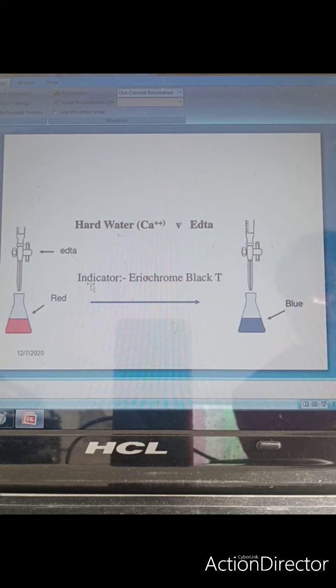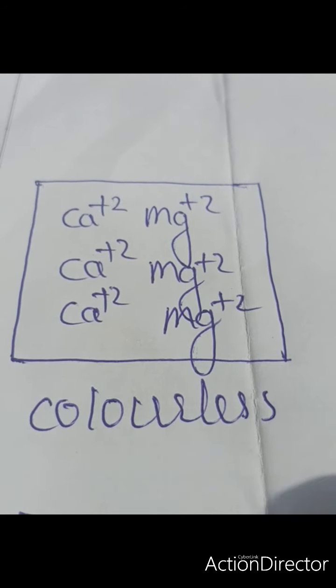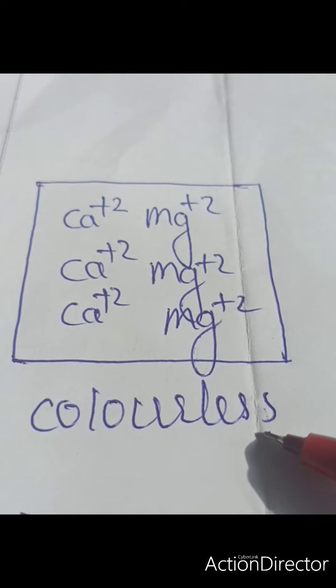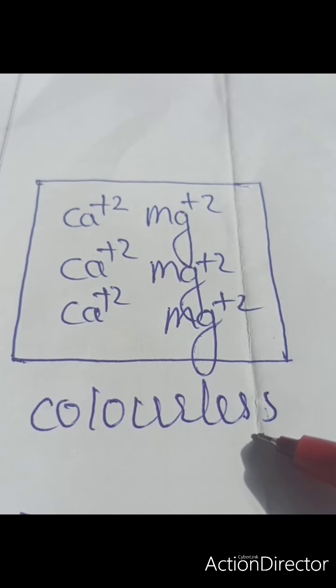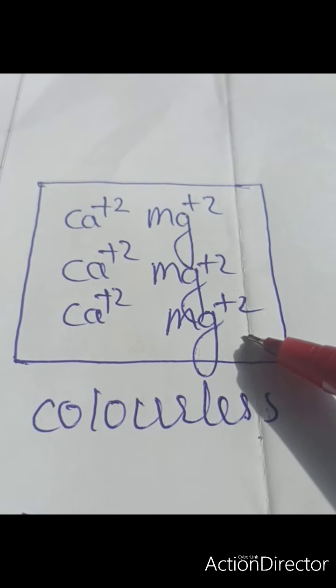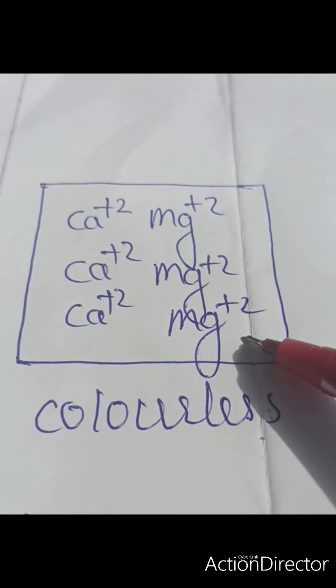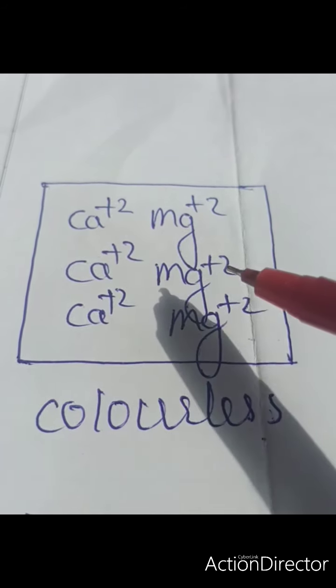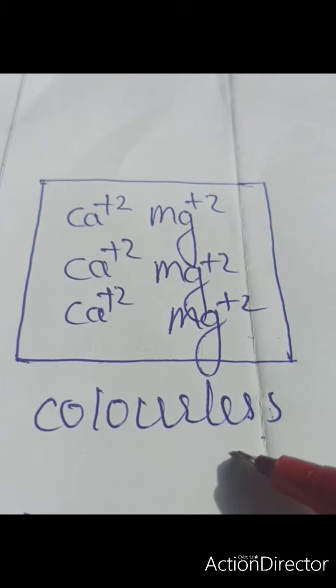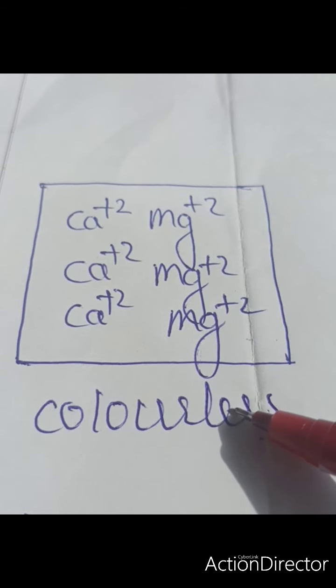Now what reactions are going on, and why there is a color change, I will be explaining here. So this was the initial condition, when you are taking hard water. It has calcium and magnesium ions, and its color will be colorless.